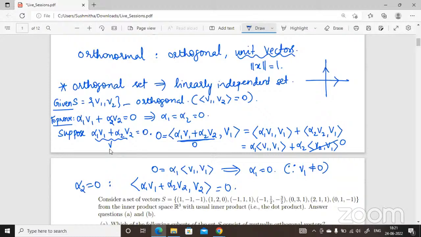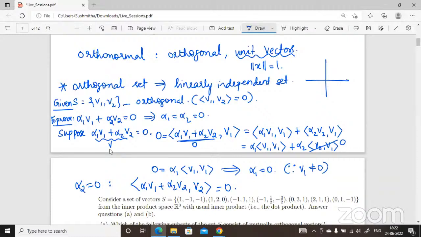Example. An example was given in the course material. It was orthogonal but not linearly independent. No, if it is orthogonal, then it will always be linearly independent.